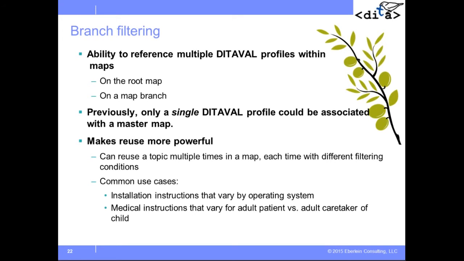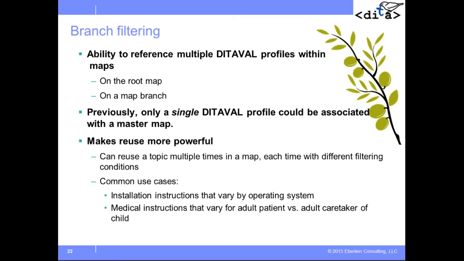The second big 1.3 feature that is supported in DITA-OT 2.2 is branch filtering. And this also came from Robert Anderson at IBM. And this again is just going to make DITA reuse more robust.